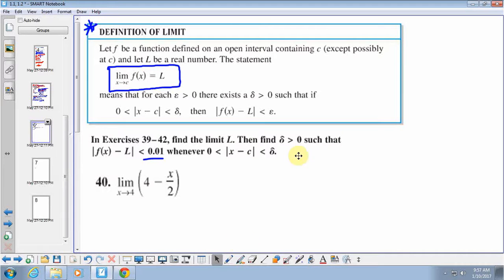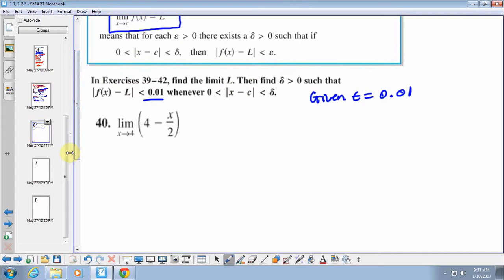Here, we are given an epsilon. Not every problem will you be given epsilon. Sometimes you're just going to be saying, hey, just epsilon greater than 0. Here, the epsilon they're giving us is 0.01. So they want us to find delta such that the absolute value of f of x minus L is less than that 0.01 whenever the absolute value of x minus c is less than delta.